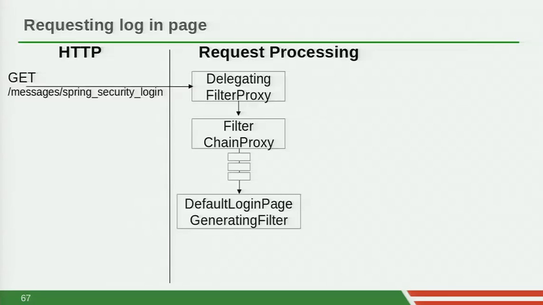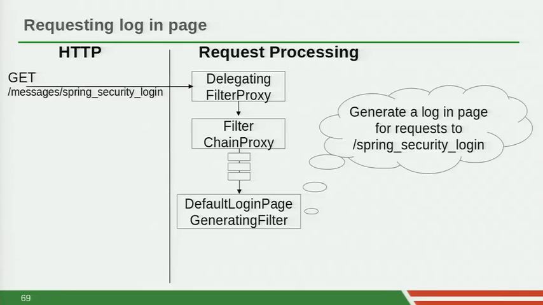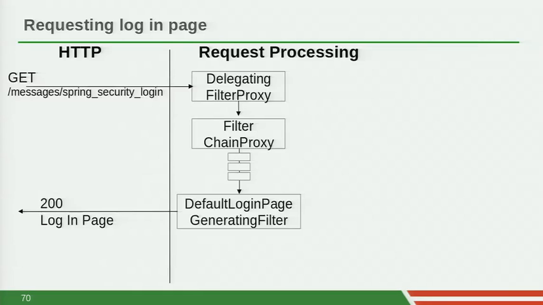And it skips over a number of filters that aren't very interesting for this request, and the default login page generating filter sees it. And it sees that the URL is /spring_security_login, and it's interested in that URL because it renders a login page for us for any URL that matches that. So it writes out the login page, and that's where you see that white login page coming from, the default login page generating filter.